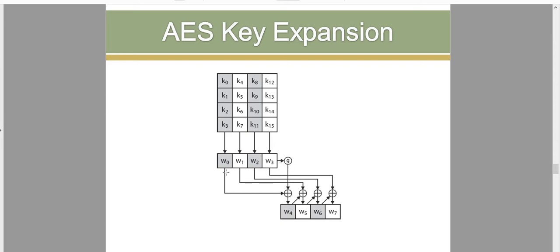Word 3 is XORed with g and we get W4, a new word, where W4 is XORed with W1 and we get W5. The same step is repeated for the further processes, that is, W5 is XORed with W2 to get W6. Then W6 is XORed with W3 to get W7.